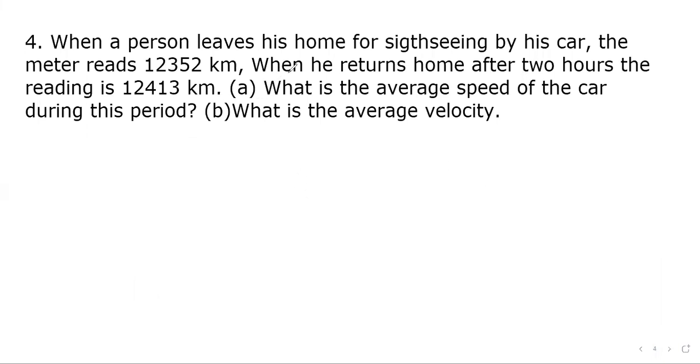When a person leaves his home for sightseeing by his car, the meter reads 12352 kilometer. When he returns after 2 hours, the reading becomes 12413. So here the distance will be the difference of the two: 12413 minus 12352.